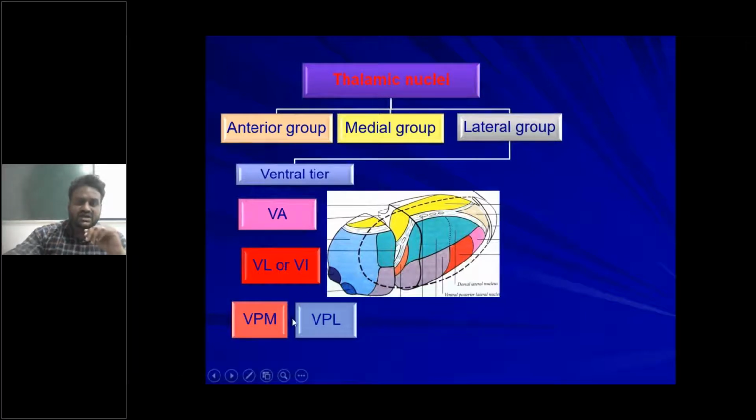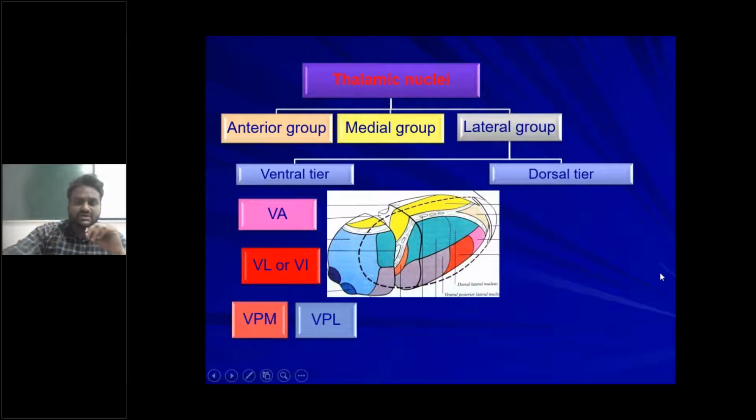So this one is the ventral anterior, this is the ventral intermediate, and here the ventral posterior medial and ventral posterior lateral, together this part. These are the ventral nuclei of the thalamus.